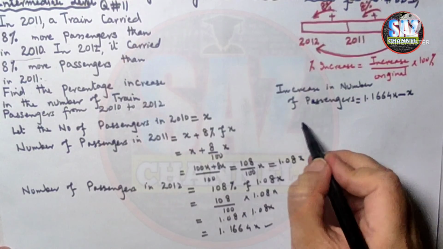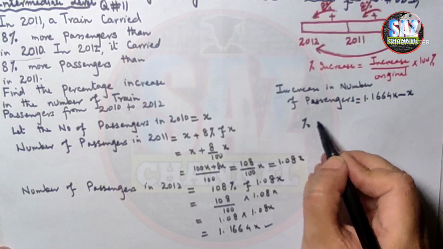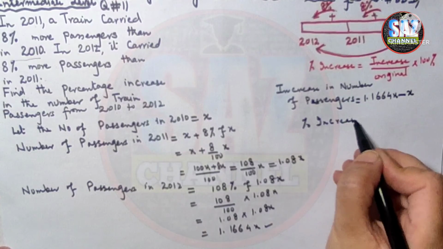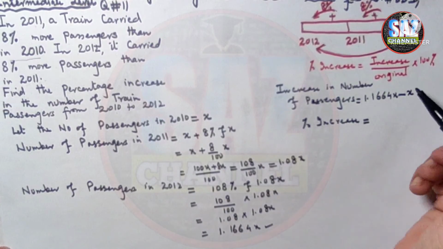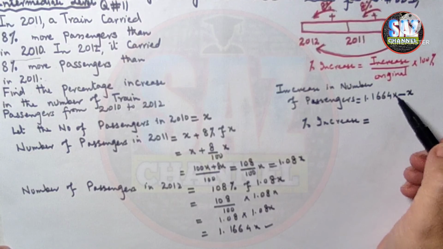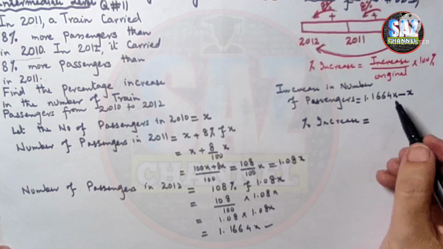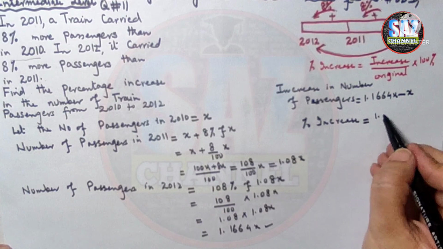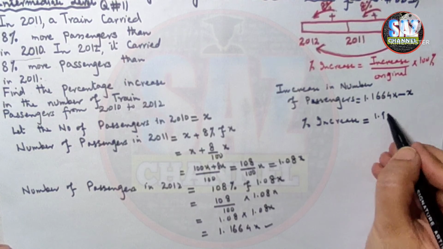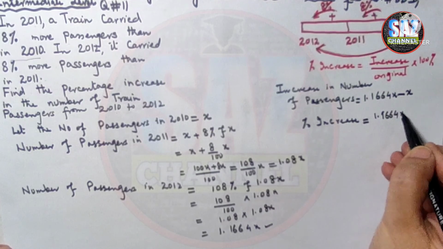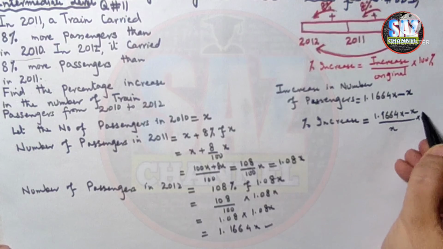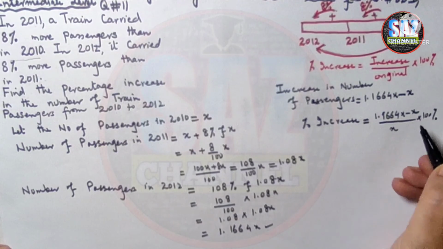The final requirement of the question is the percentage increase. It's up to you: either you can write it in this way, or you can solve it in the further step. So I'm going to solve it in the next formula part: 1.1664x minus x, and the original is x, multiplied by 100%.